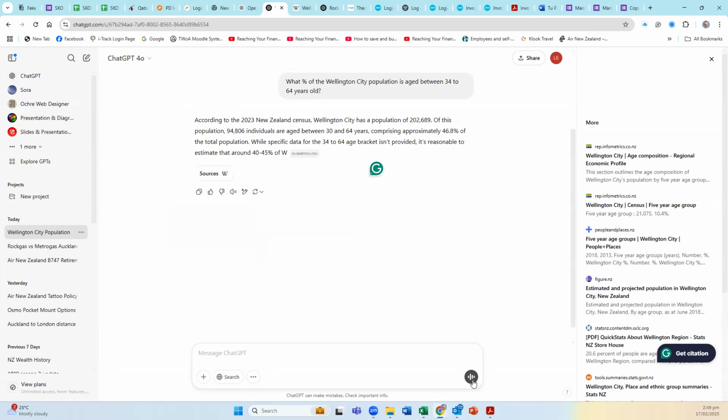Now, which suburb are you actually in? What's the name of the suburb? The shop, Willis Street. Oh, it is on the city. Yes.